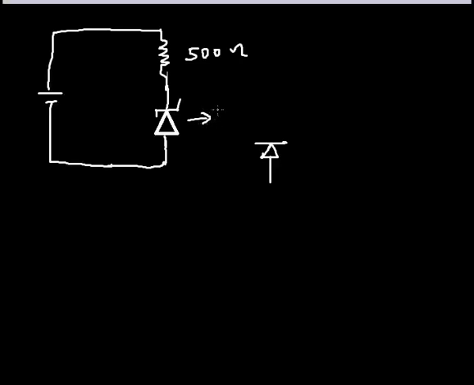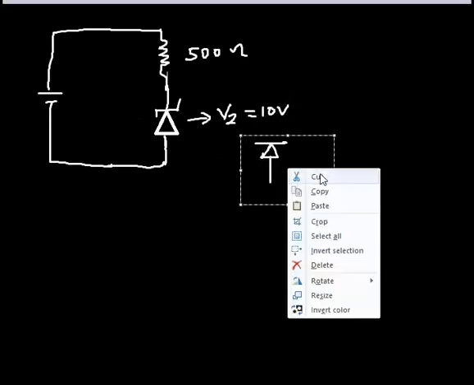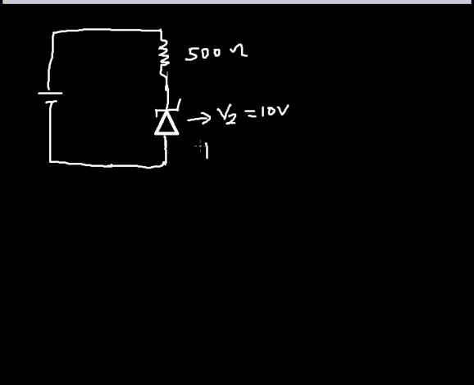The VZ of this Zener diode is 10 volts. And of course the I maximum of the Zener diode, the maximum amount of current it will take, is 6 milliampere. So the question is, if I should supply a voltage of 6 volts to this Zener diode, do you think it will operate?